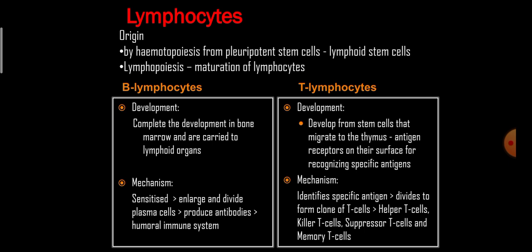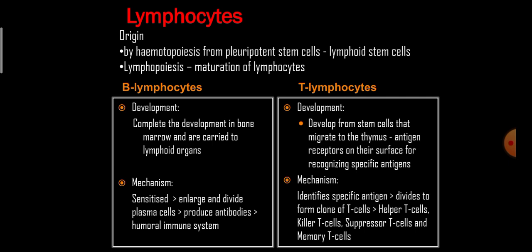Now let's see how T lymphocytes work. A T cell identifies a specific antigen, either with the help of an APC or, if antigens enter, it is also able to identify the antigen. Here also they are antigen specific, so they recognize a specific antigen, and this stimulates the T cell to produce different types of T cells.